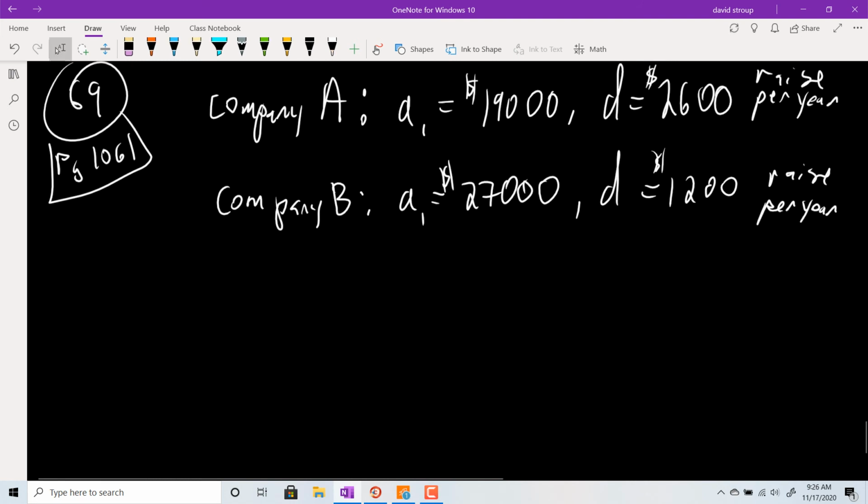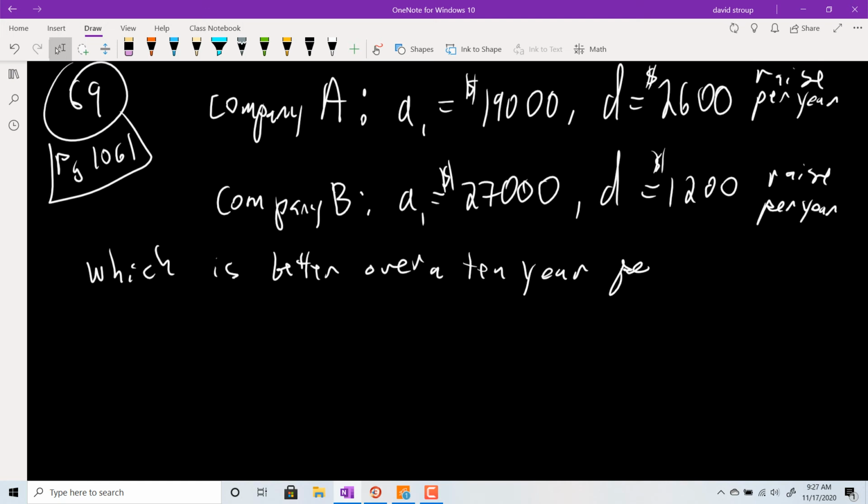All right, so which is better over a 10-year period? Okay, so essentially what they want you to do is add up an arithmetic sequence.